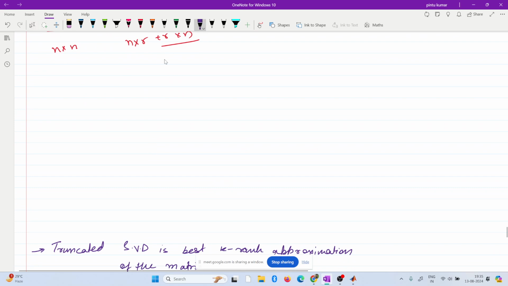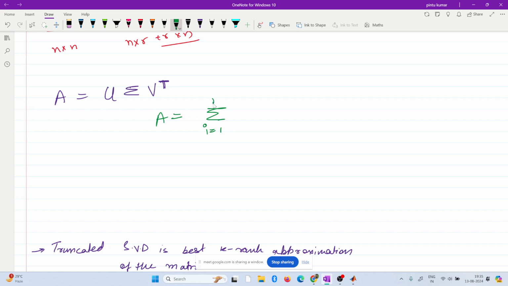If you have a singular value decomposition where A is equal to U sigma V transpose, I think I'm confused a bit, but I'll just tell you where I'm confused so that you can confirm. Then you can write A as the summation from i equals 1 to n of Ui sigma i Vi transpose.